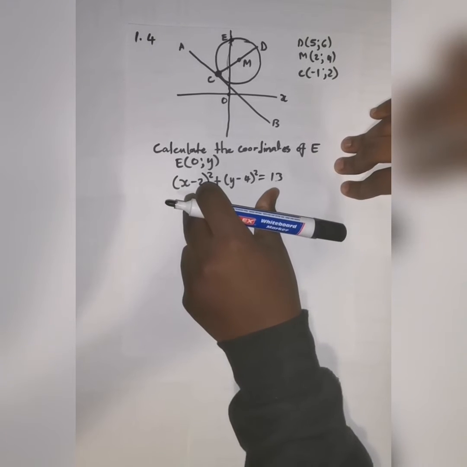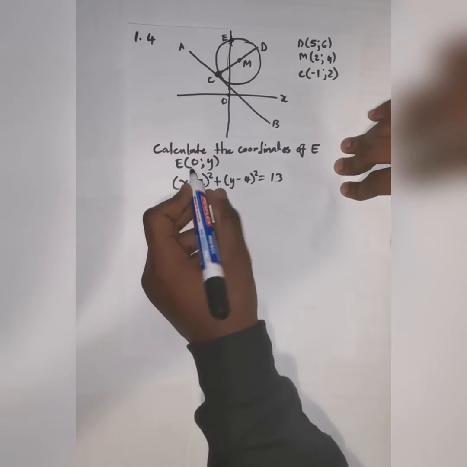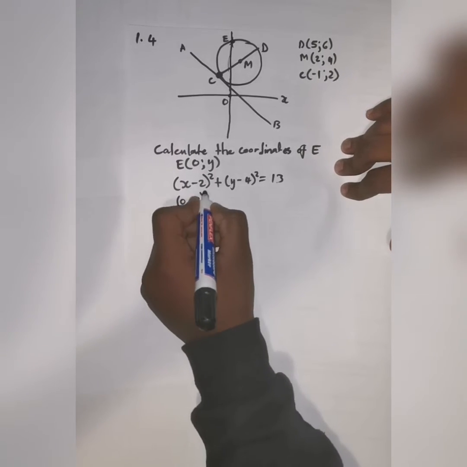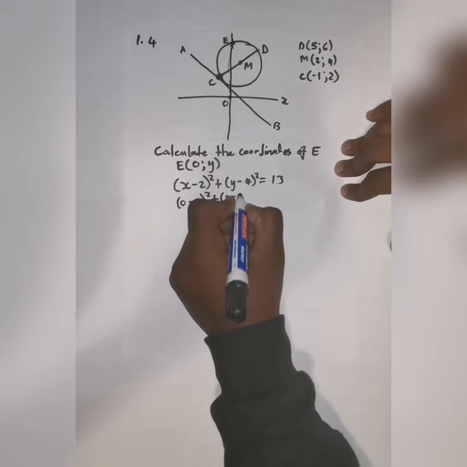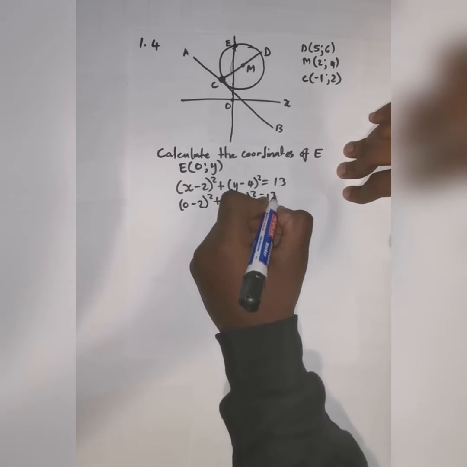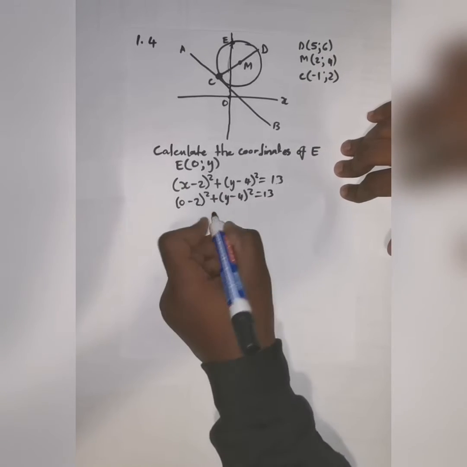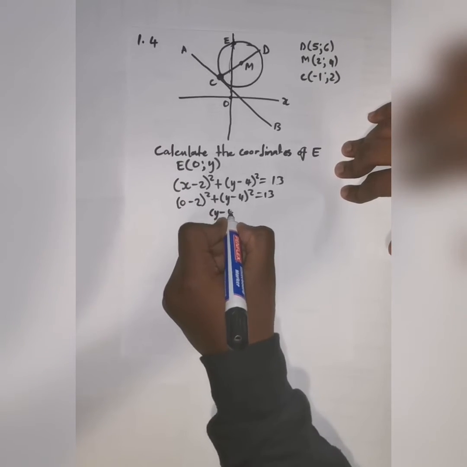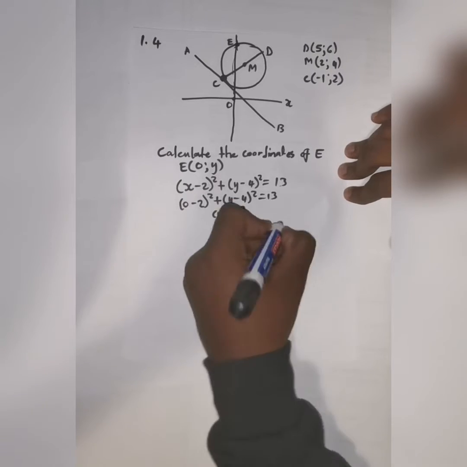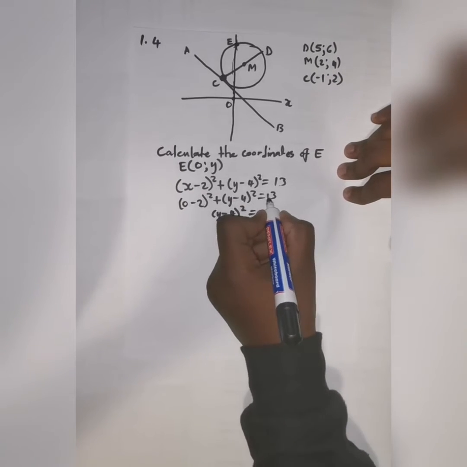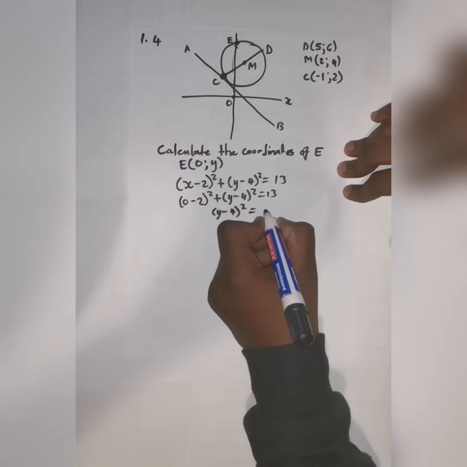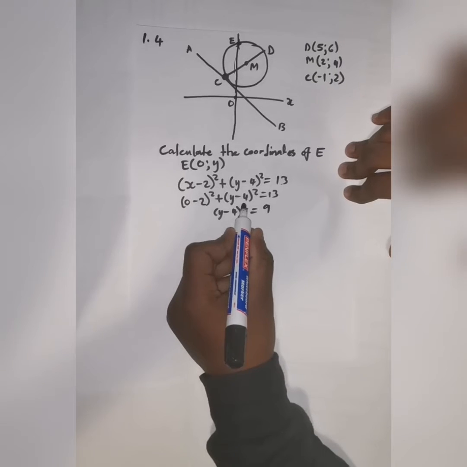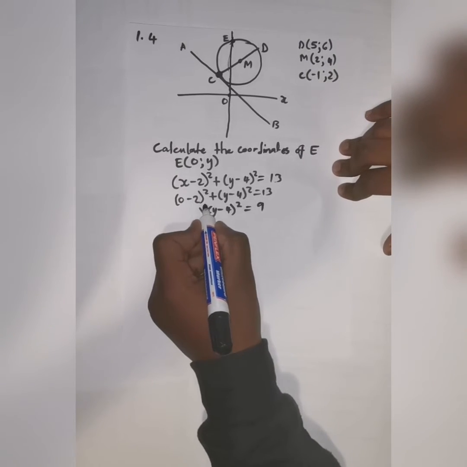This is the equation as calculated in question 1. We're going to substitute in the x value, which is 0. This is 4, so I'm going to take it to the other side. It's going to be 13 minus 4, that gives us 9. Then we apply a square root.